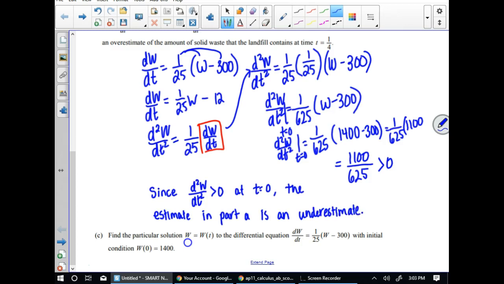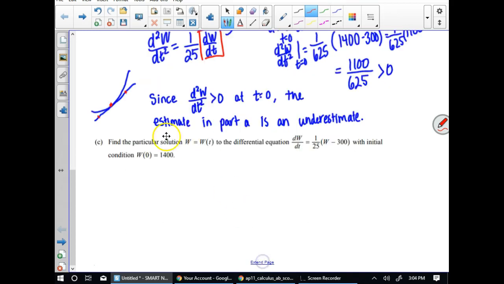And we know that because the second derivative is positive, which tells us this is concave up. That would mean that the tangent line lies below the graph, meaning that any point on that tangent line is going to be below the graph, so we get an underestimate in part B.